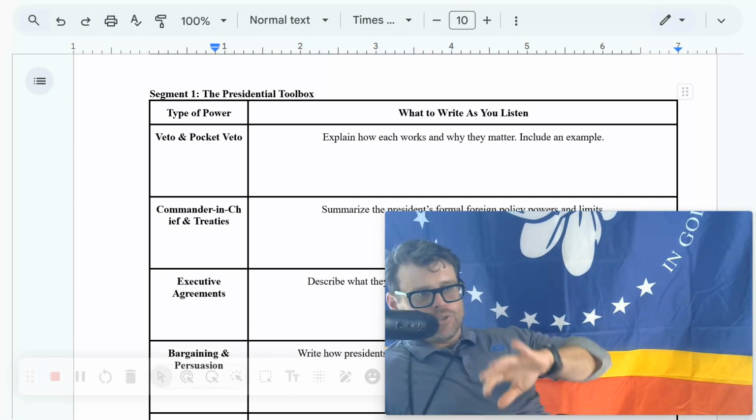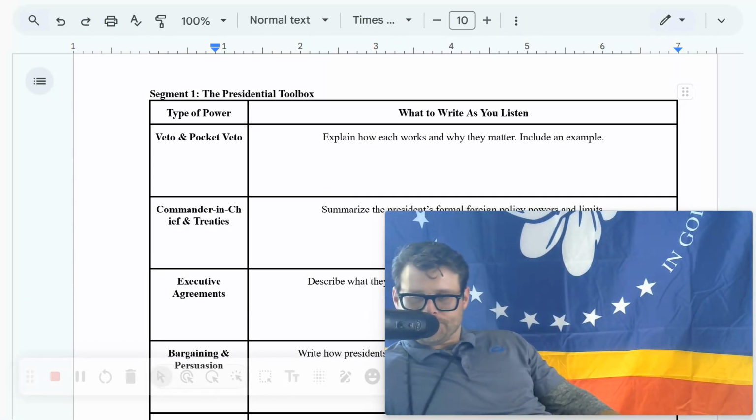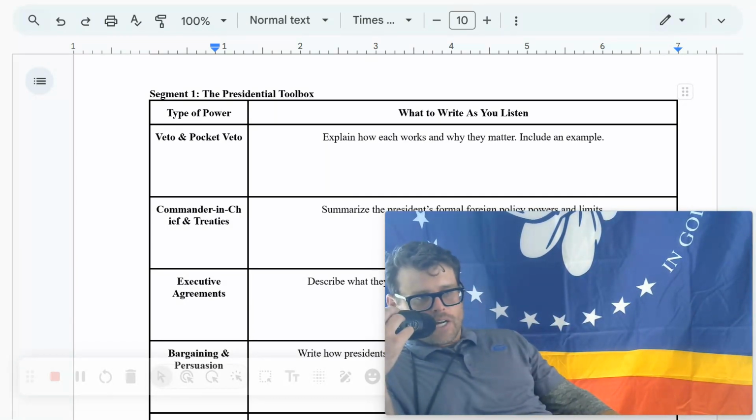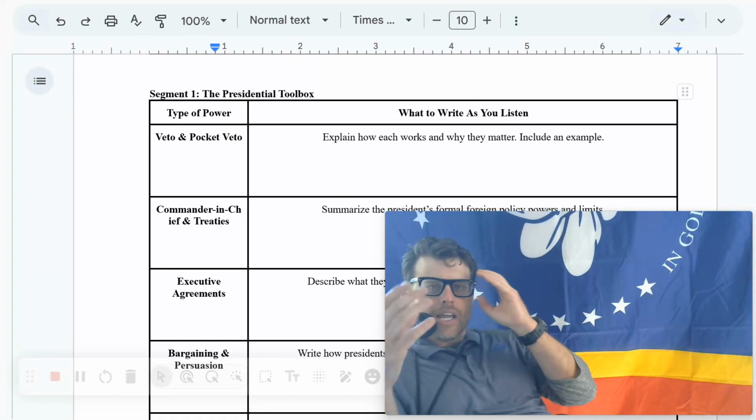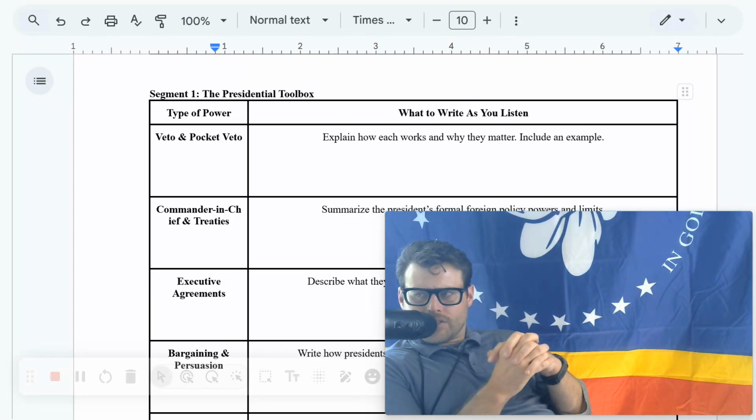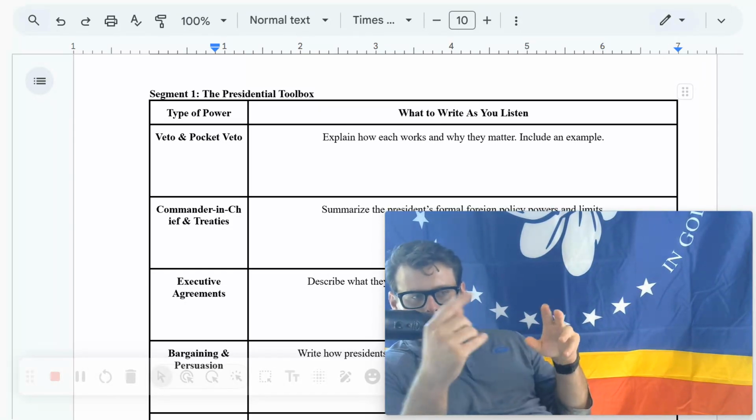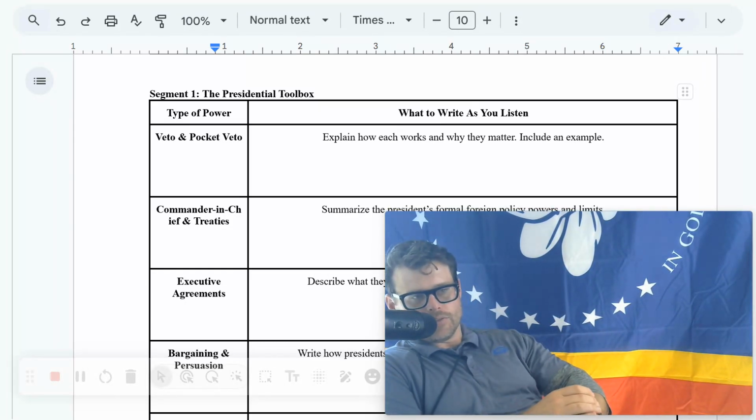And if we're going back to the foundational documents, right? One of our foundational docs that we're going to have to know is Federalist 70. Alexander Hamilton writes Federalist 70 in the Federalist Papers, right? Take it all the way back to the Federalists and Anti-Federalists, right?